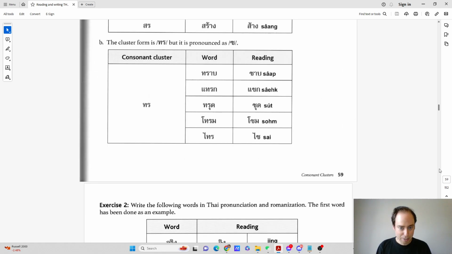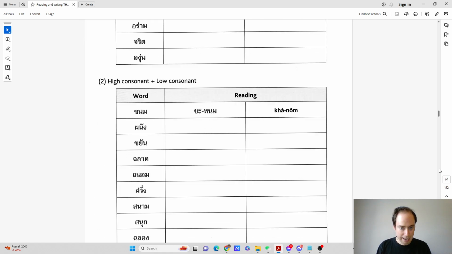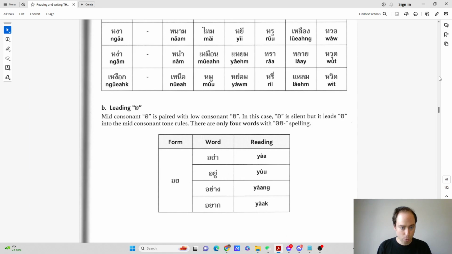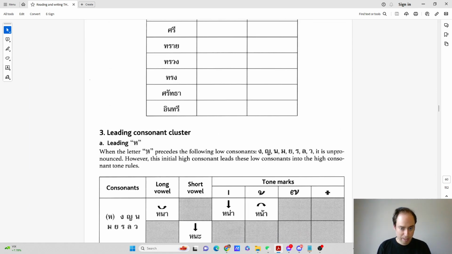But the interesting thing, the last thing I'll really cover is, let me see if I can find it. Basically, they have something where if you have this letter here and it precedes a low consonant, it changes the tone mark rules to a high consonant rule set.